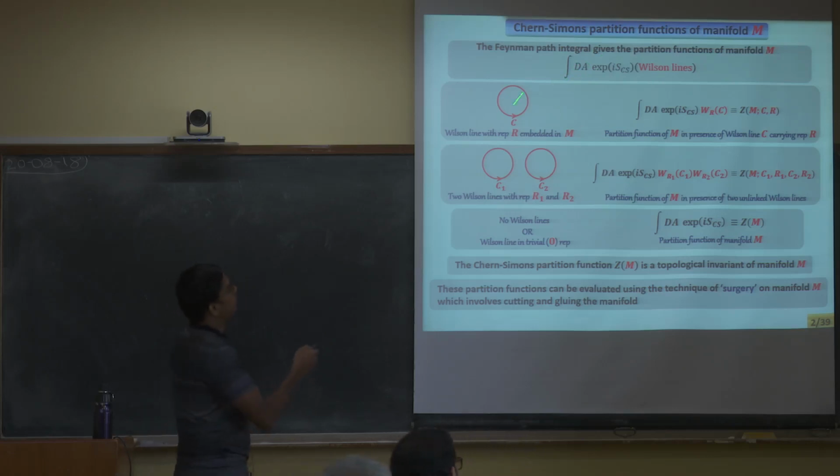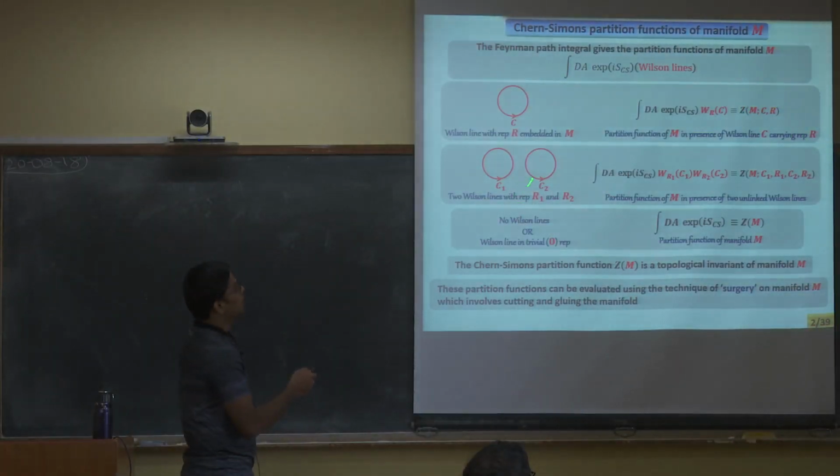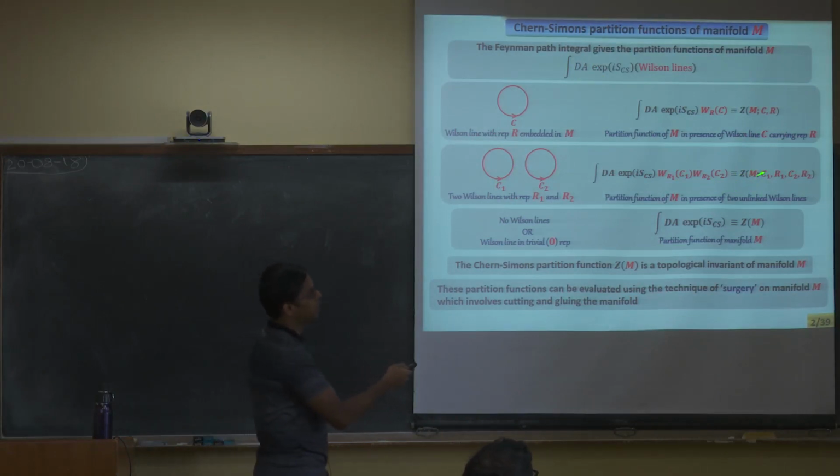If we put a Wilson line in the 3-dimensional manifold with representation R, then this integral will give the partition function of the manifold M in the presence of the Wilson line. Similarly, if we have two separate Wilson lines, then the integral will give the partition function of the manifold in the presence of these 2 Wilson lines.